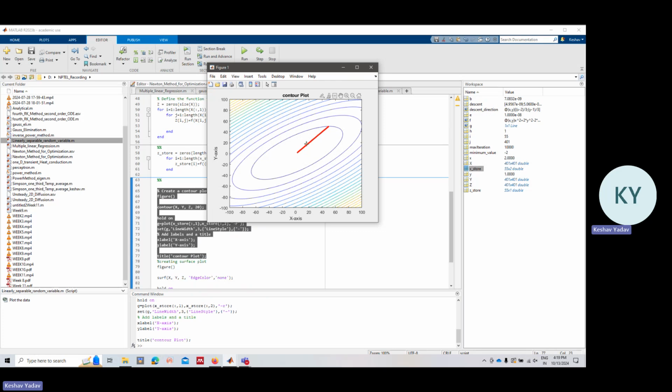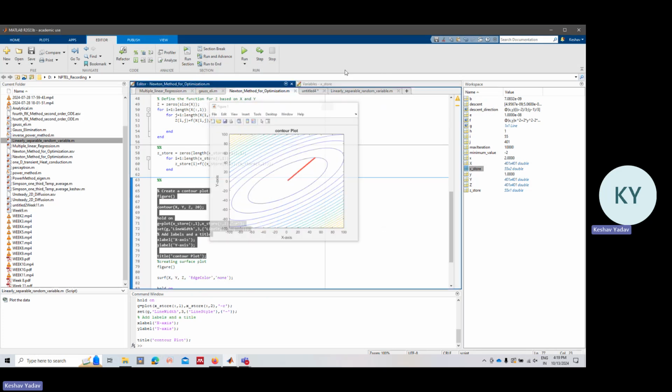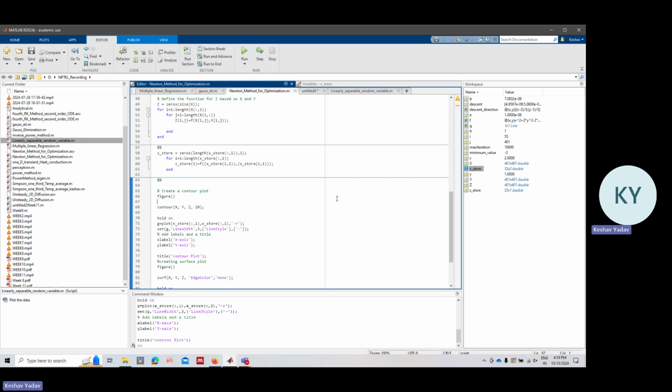So this is the path of the point. Clear? This is what we wanted to discuss in this week.